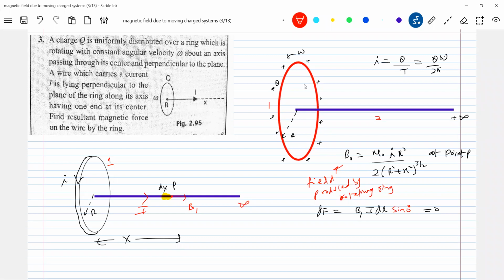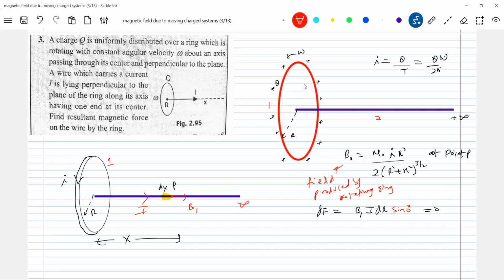It will cause a magnetic field. So when operating any sensitive devices, they have to take care about all these features. Any good application problem can come. So I'm just sharing the basic idea. So this is about the rotating ring.